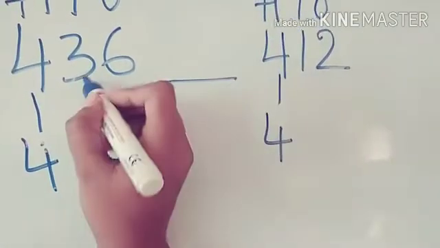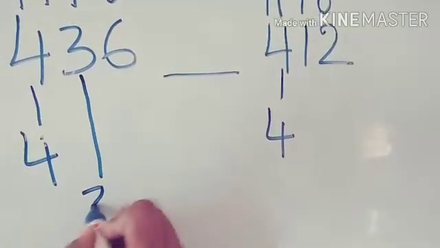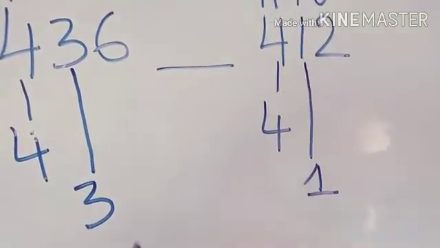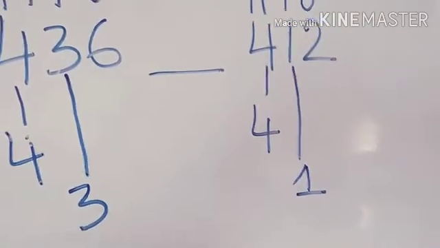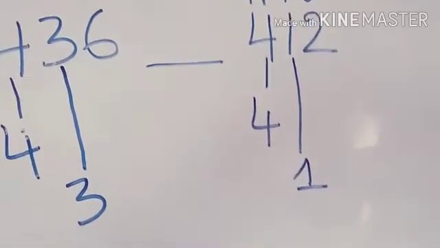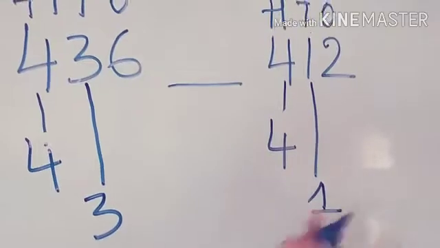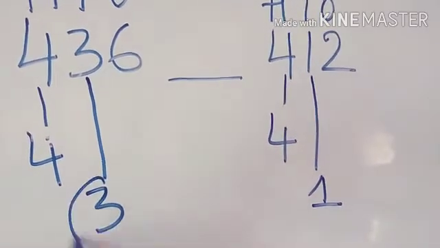So now in the tens place, here it is 3 and here it is 1. So tell me students, which one is a bigger number, 3 or 1? Yes, 3 is a bigger number.